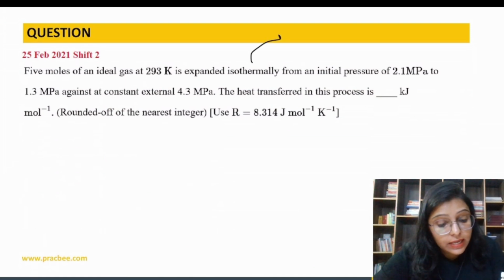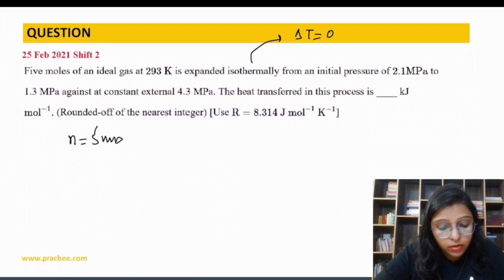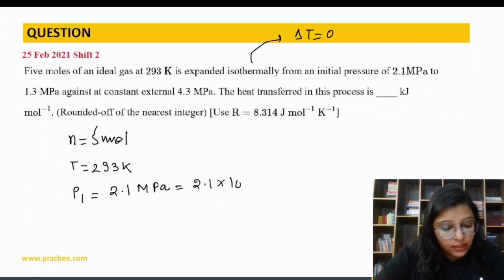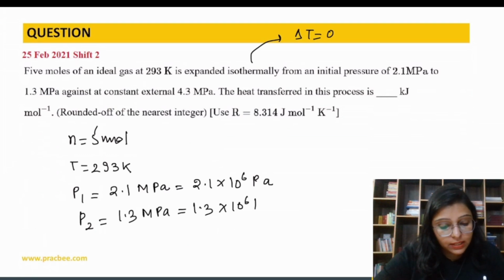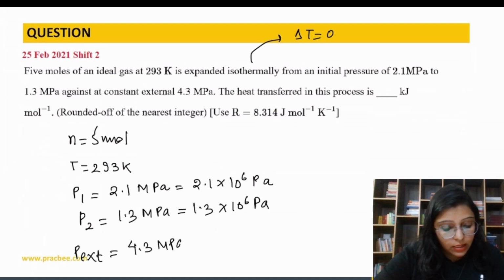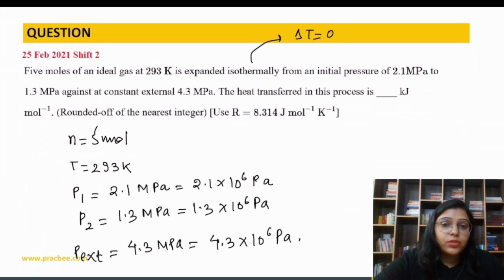So it means delta T is equal to 0. 5 moles ideal gas, n is equal to 5 mole, temperature 293 Kelvin, from an initial pressure P1 2.1 megapascal, which is 2.1 into 10 to the power 6 Pascal, to 1.3 megapascal, which is 1.3 into 10 to the power 6 Pascal, at a constant external pressure of 4.3 megapascal, which is 4.3 into 10 to the power 6 Pascal, right? The heat transferred in this process, we have to find out Q.